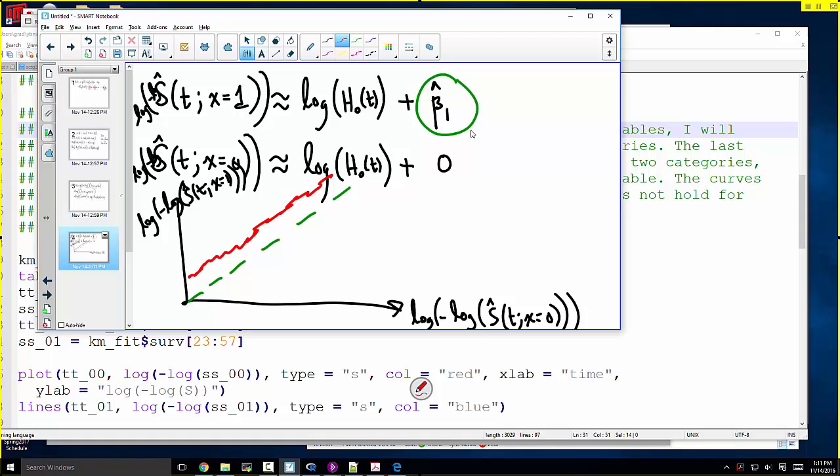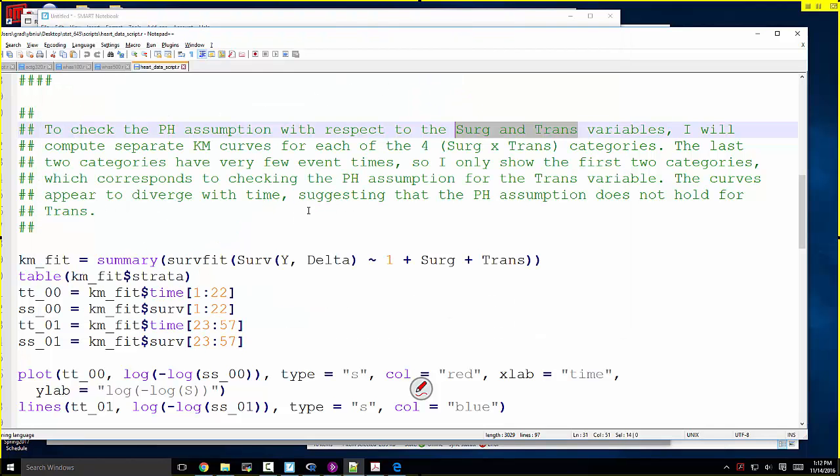Kaplan-Meier survival curves for transplant yes and transplant no. Do log minus log transformation, plot them against each other. Does it look like a linear relationship? And then we need to do the same thing for surgery, prior bypass surgery. Kaplan-Meier for yes, Kaplan-Meier for no. Log minus log transformations, do they look roughly linear?